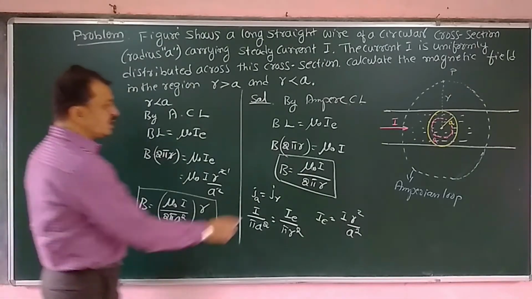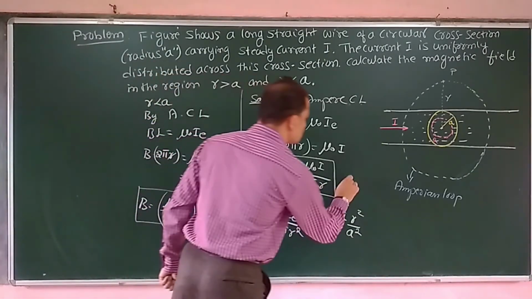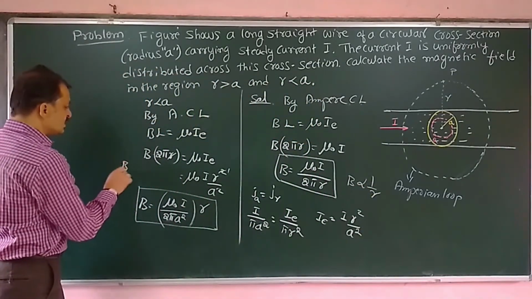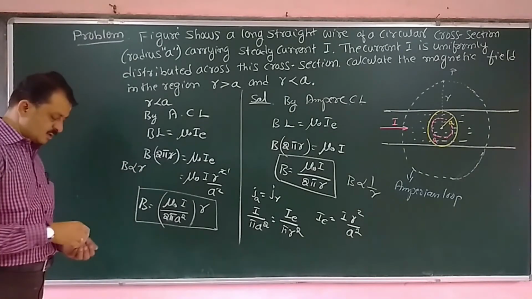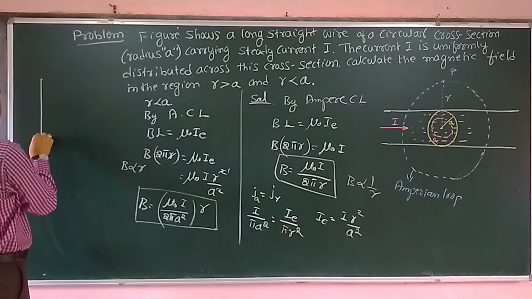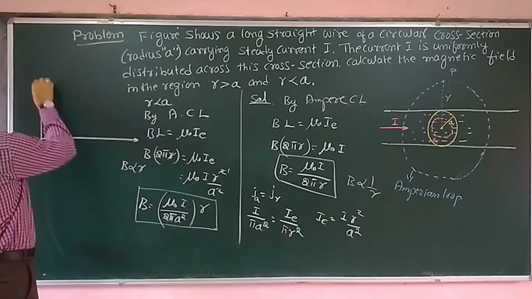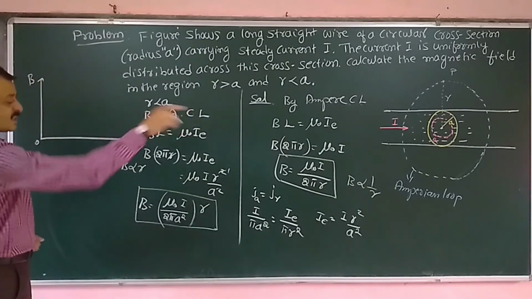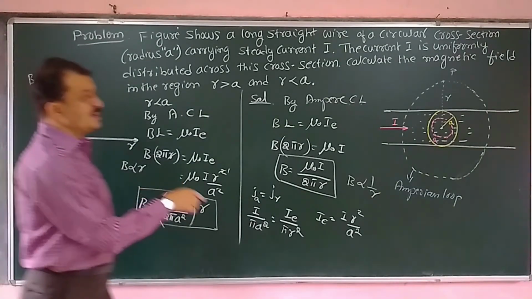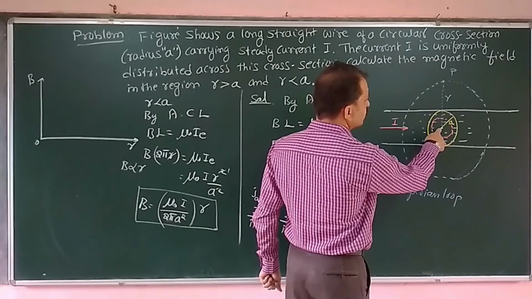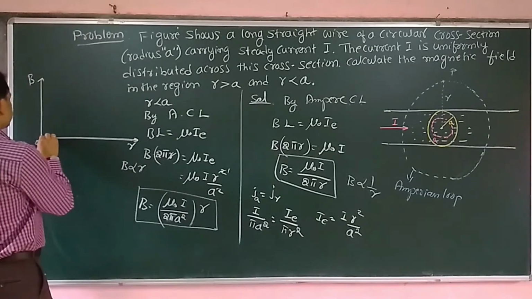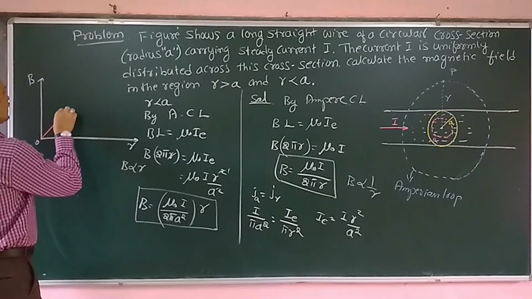Now, very interesting thing, look here. In the first case, B is inversely proportional to r. Now, here B is directly proportional to r. If you plot a graph for field versus distance, now this is the magnetic field. Distance r ಅನ್ನ now graph plot ಮಾಡಿದ್ರೆ, from the center magnetic field is 0. As we move on to the surface of the conductor, the magnetic field goes on increasing. Field ಏನಾಗುತ್ತದೆ linear ಆಗಿ increase ಆಗ್ಕೊಂಡು ಹೋಗುತ್ತೆ.